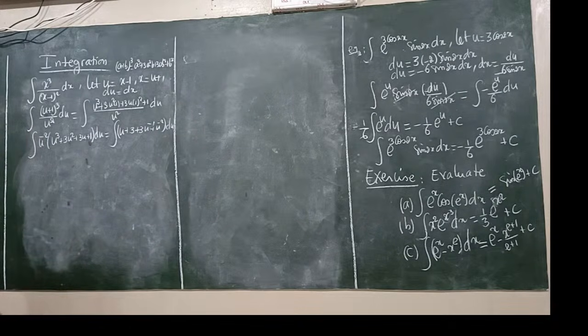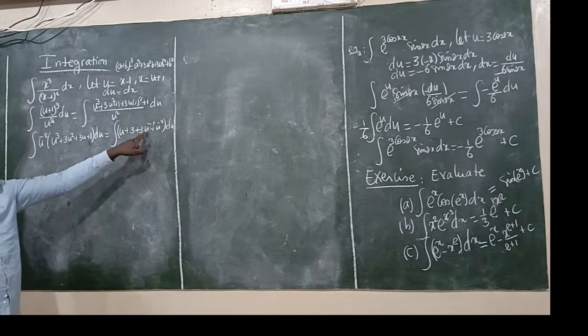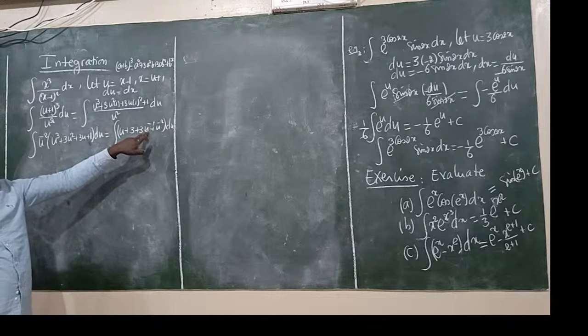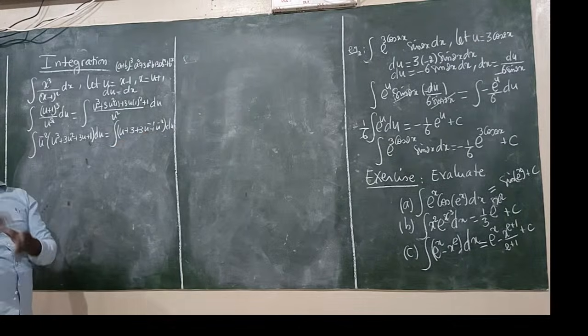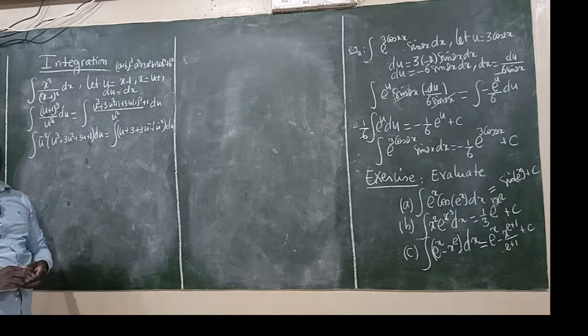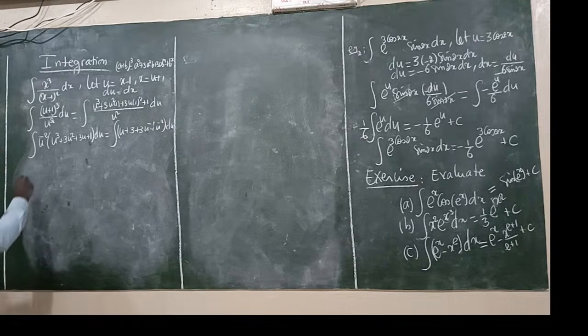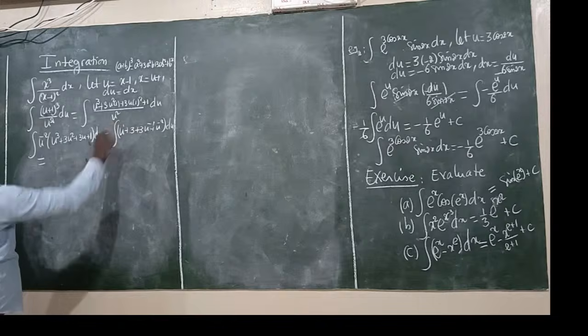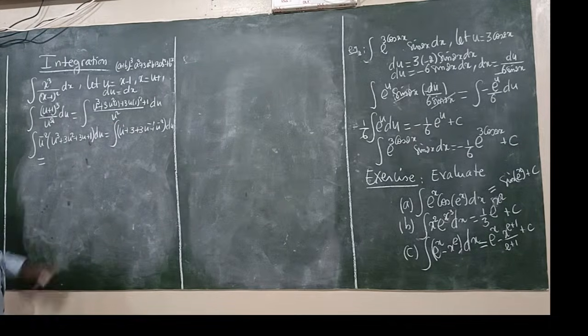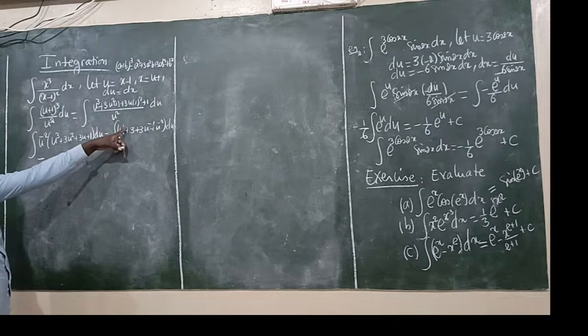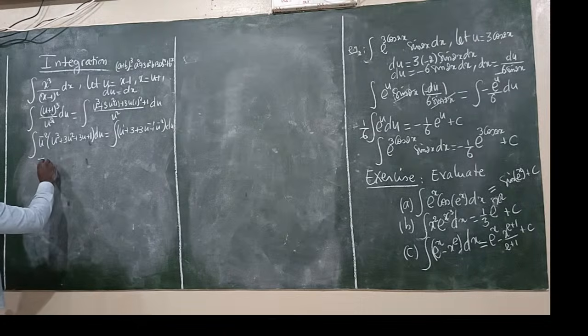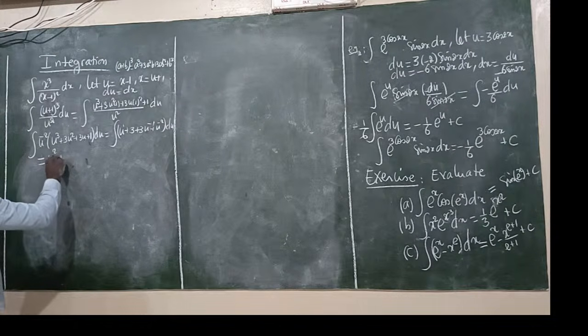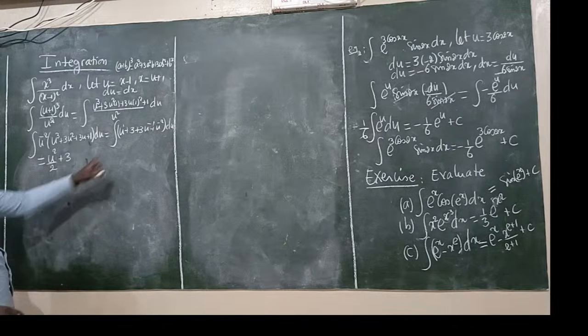Okay. The special thing is here only. Otherwise, we can add 1 to the power of each. Here is a power of 1, that's why we are going to add 1 here. This is u^2 over 2 plus 3.